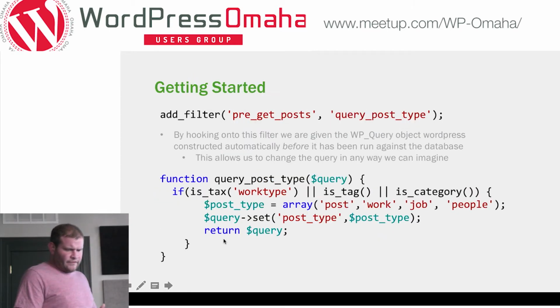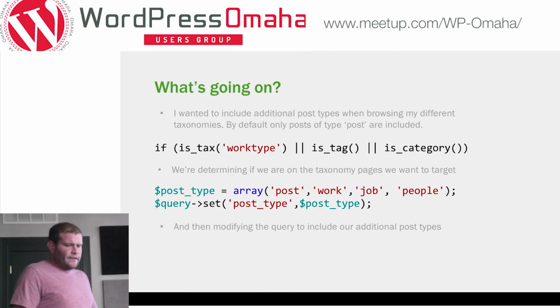So this does look a little confusing. What am I doing? This is from Bozell.com actually, and when you were browsing categories, I wanted multiple post types to be included so that you could have an aggregate look at all the work that's associated with a given category: the people, and our blog posts. So that if block is checking, using the template tags, to see if I'm on my work type taxonomy page, or if I'm on a tag page or a category page.